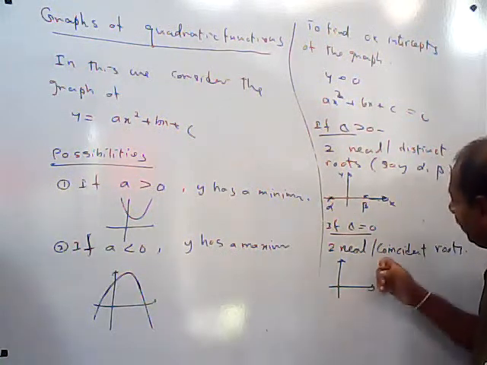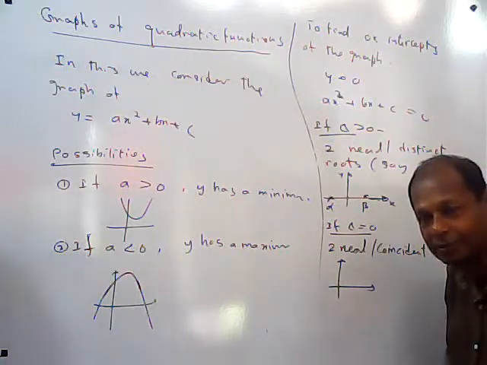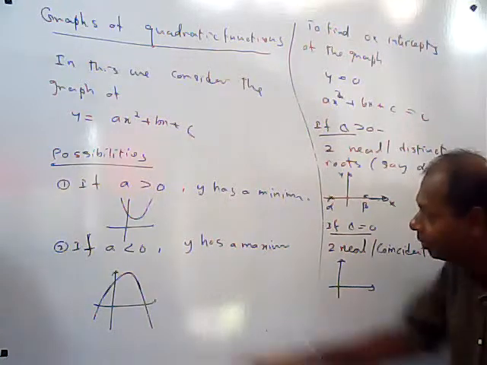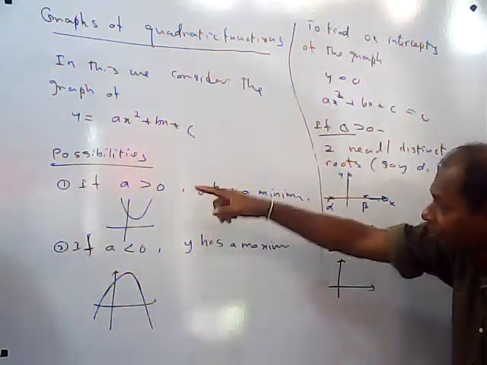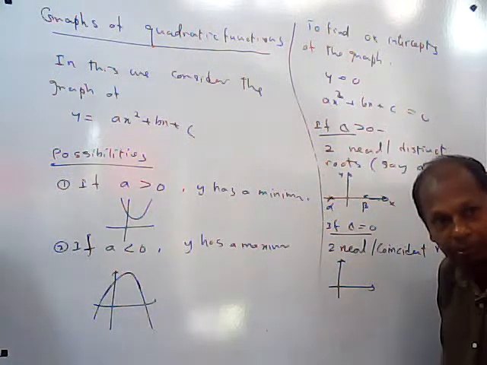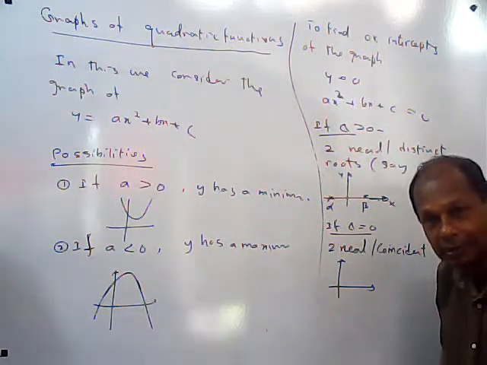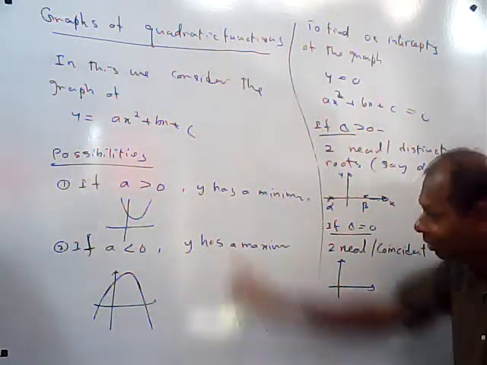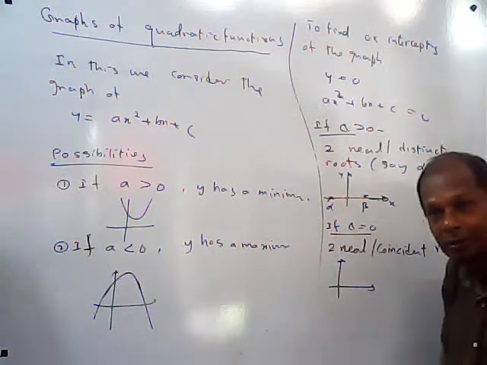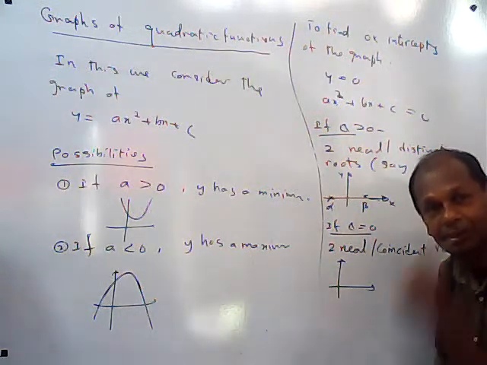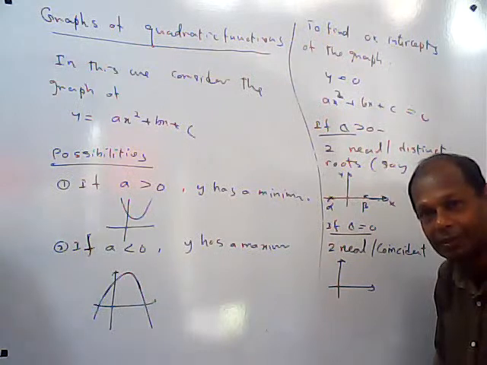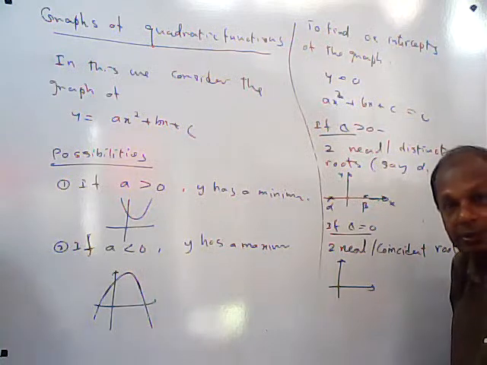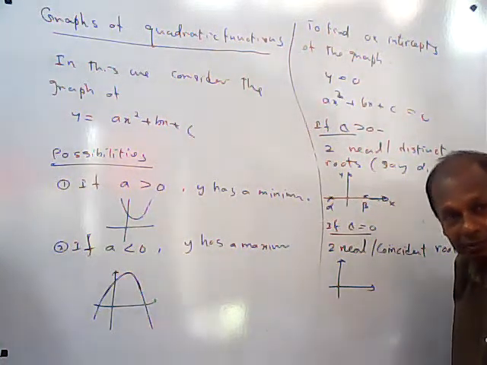If there's only one real root where it meets x-axis, that means that point has to be the maximum point or the minimum point. Otherwise there cannot be just one. If it cuts and goes up, it has to cut and come down again. It has to be the maximum or the minimum, that the curve touches the axis, not cut the x-axis.